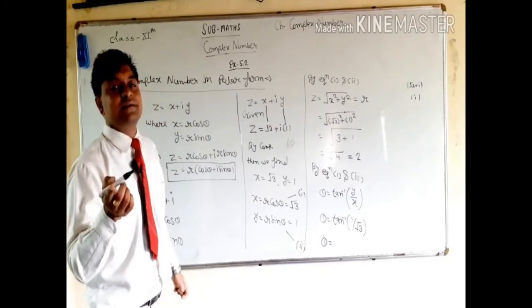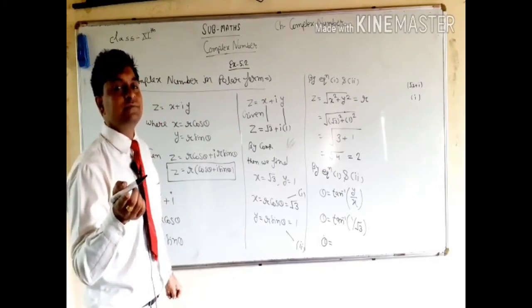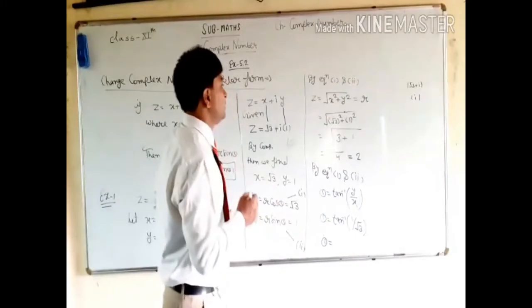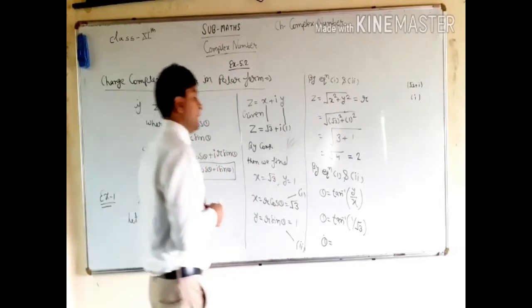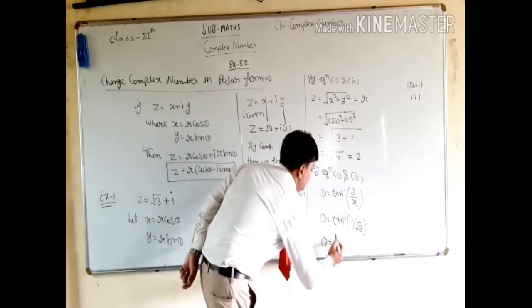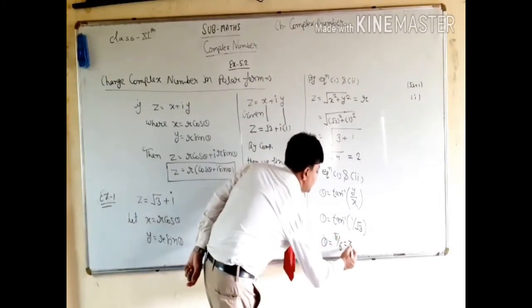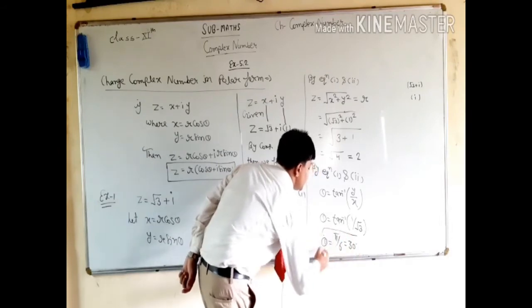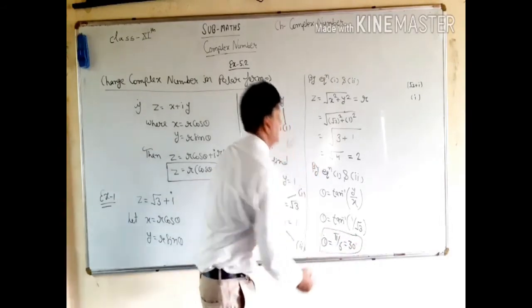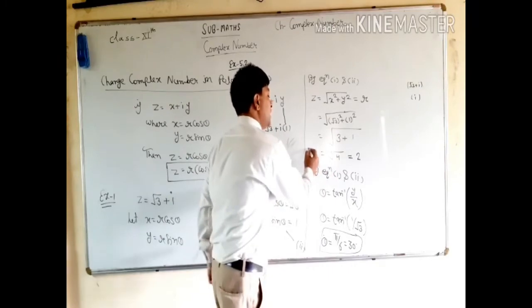Give me the answer. Okay students? The answer is pi by 6, and pi by 6 is equal to 30 degrees. Okay students? This is the value of theta and this is the value of r.